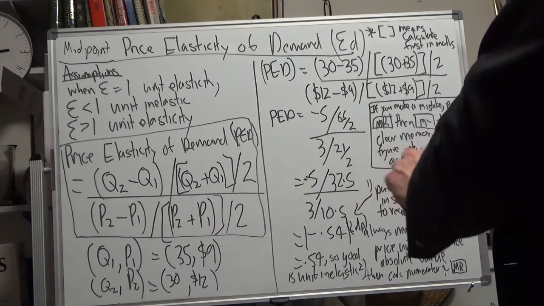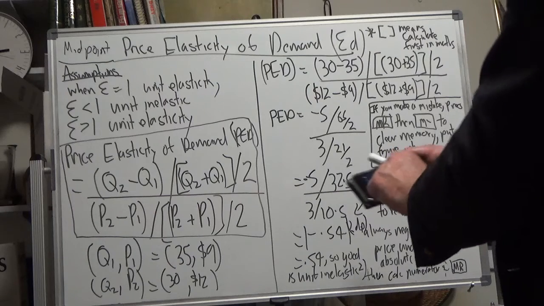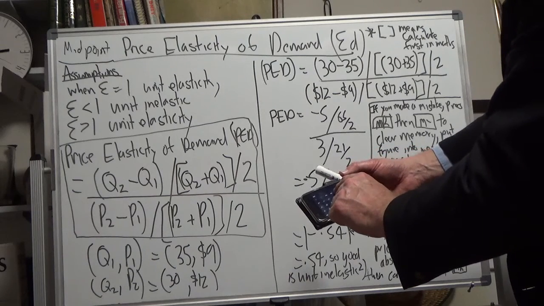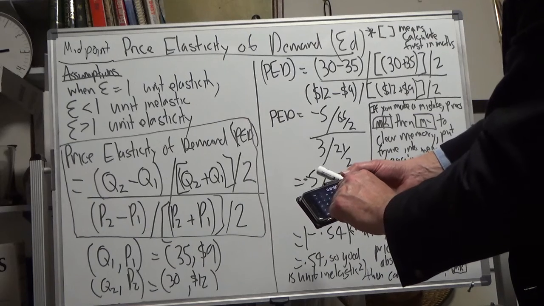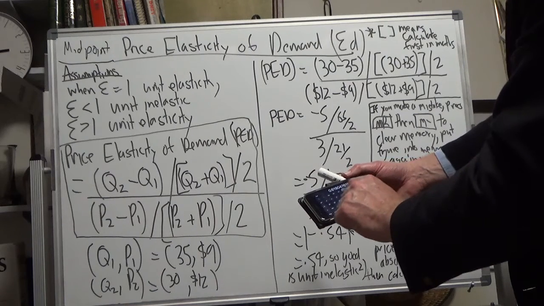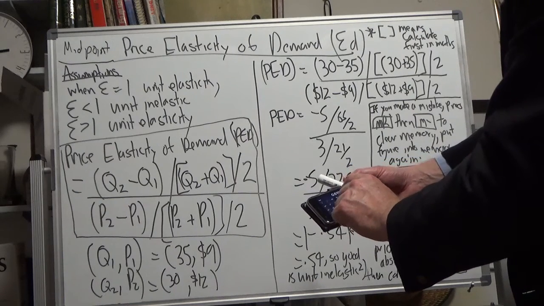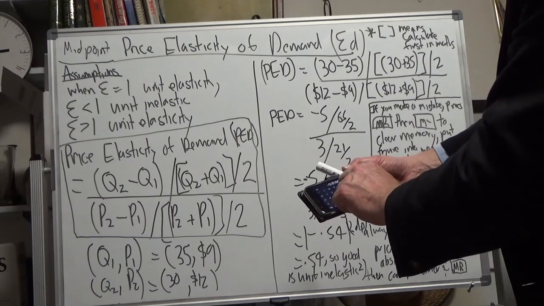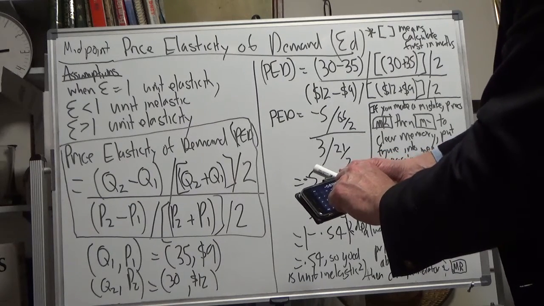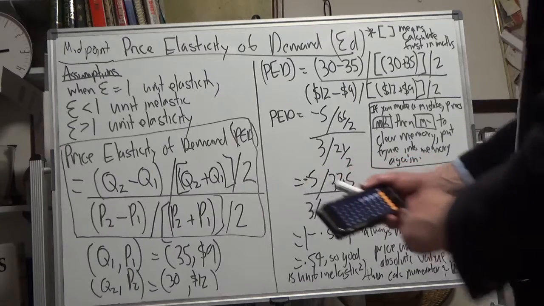Let's just do it again. If you've made a mistake, just get the memory recall and press M minus. That will clear your memory, and just double check that it's clear. No, it hasn't been cleared yet. Now it has been cleared.